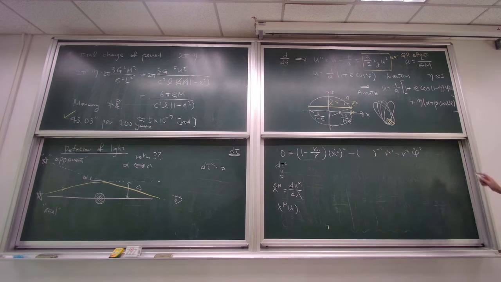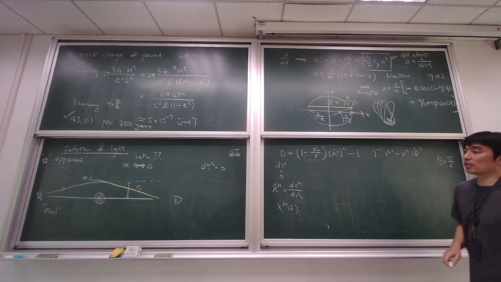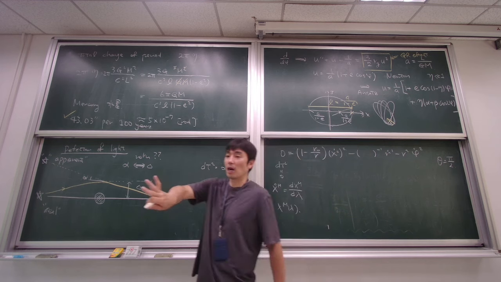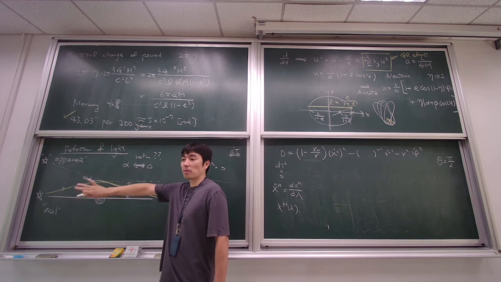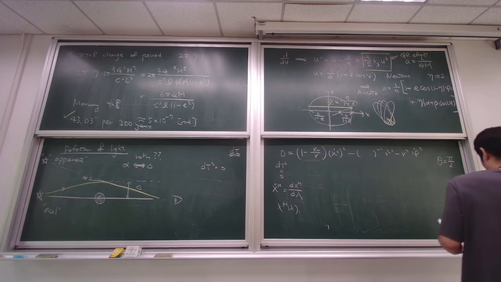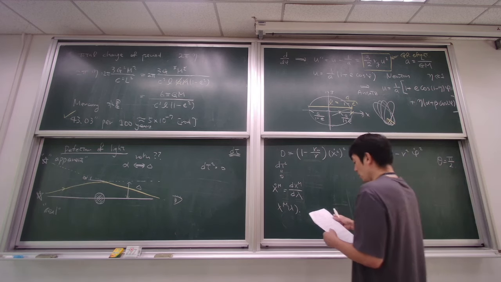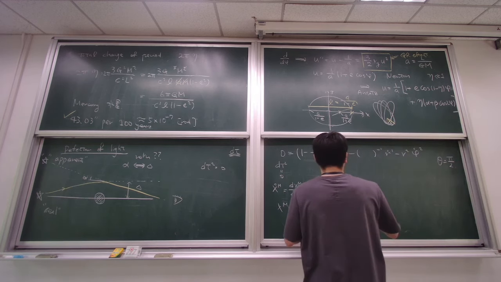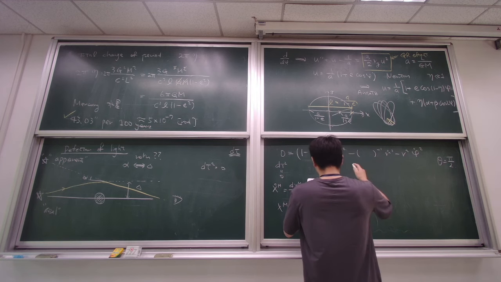So again, I set theta equal to pi over 2 without loss of generality. So we just place everything on the xy plane here, and then solve the equation. Again, this is the equation of motion.